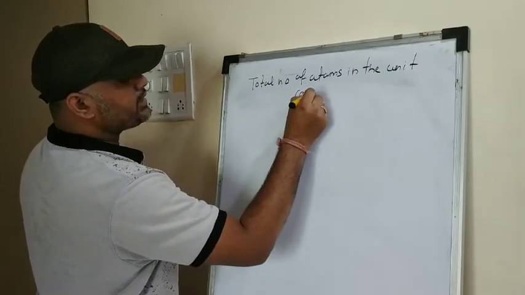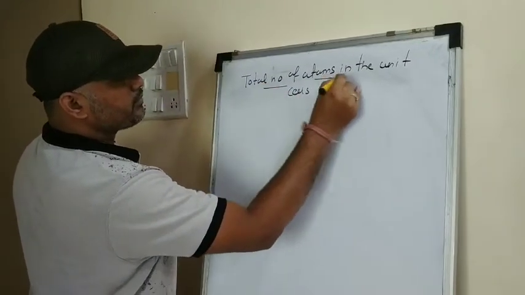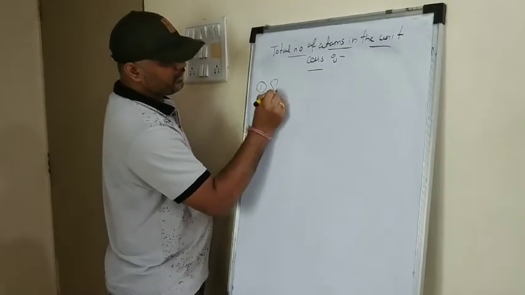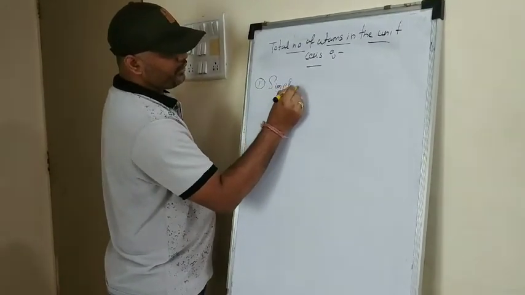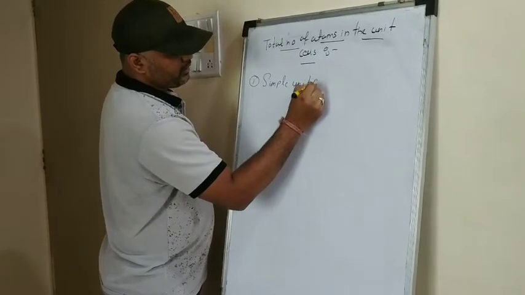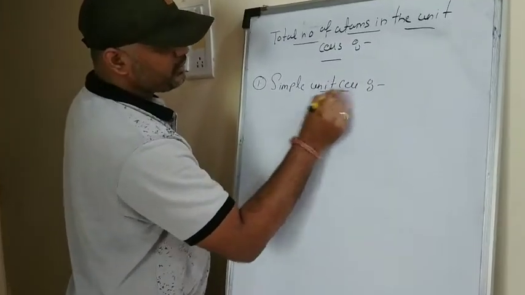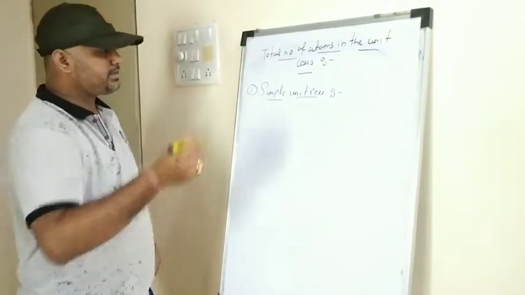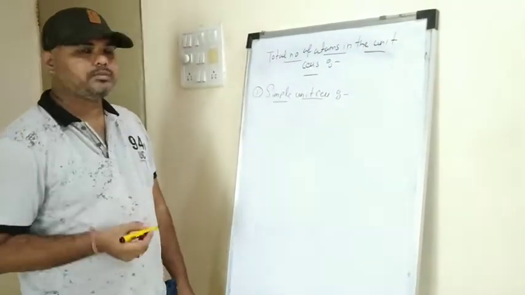Right? So here we will take the first example of a simple unit cell. Simple unit cell is also called the primitive unit cell. So in this case, we will find out the total number of atoms which are present.